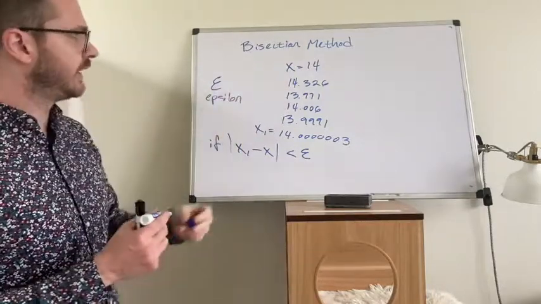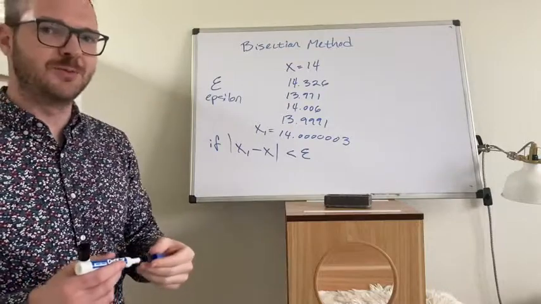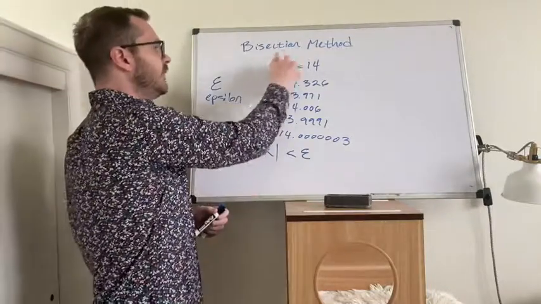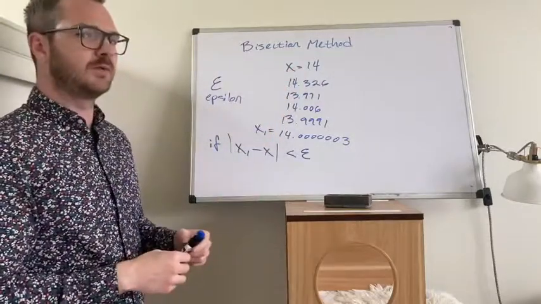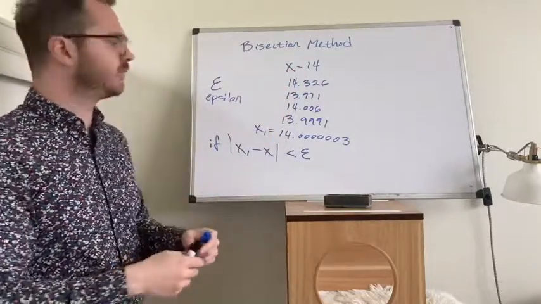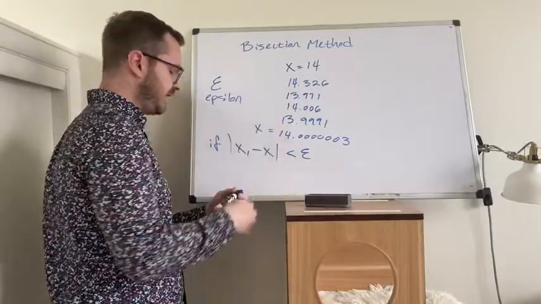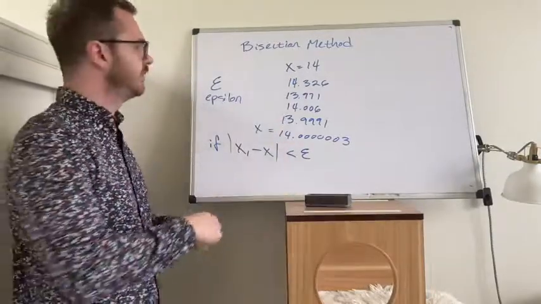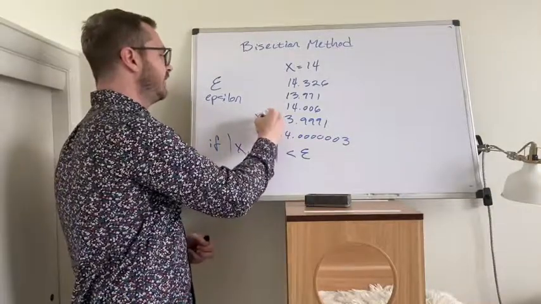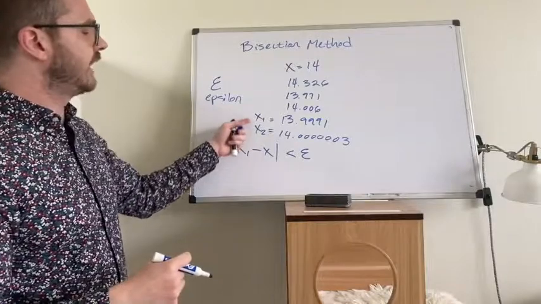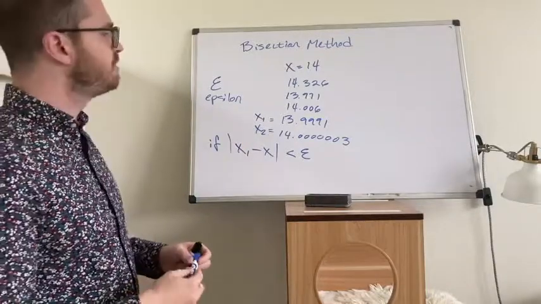Now, in this example, this one required us to know what the actual answer was, right? And if you know what the actual answer is, then what are we doing here to begin with? What if we did this? We may know that the answer is 14, okay? The computer doesn't necessarily know that the answer is 14. So let's say that we're using this bisection method and we're bouncing between values, and we get some new interval, x1 to x2, okay?